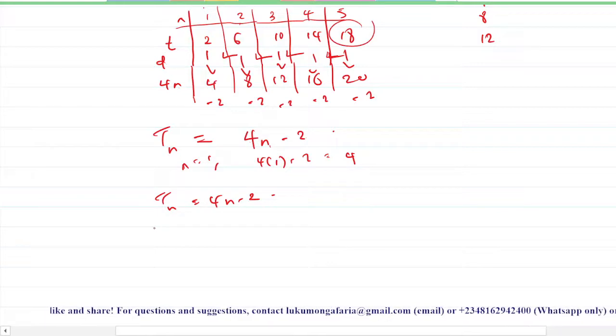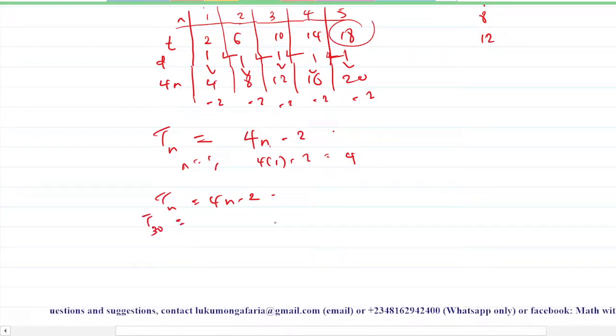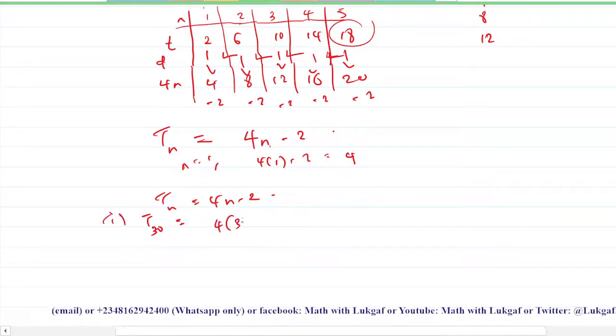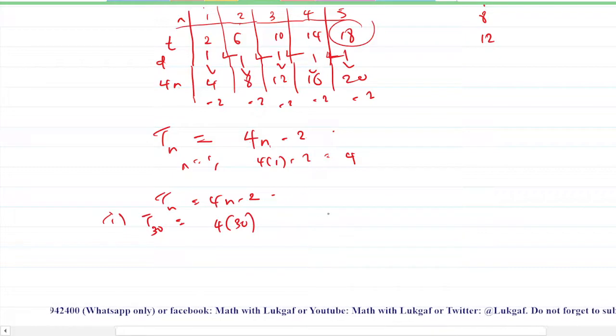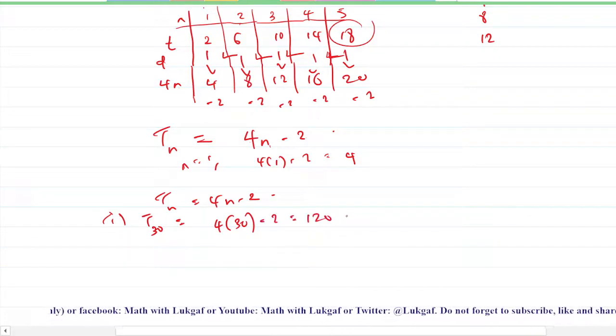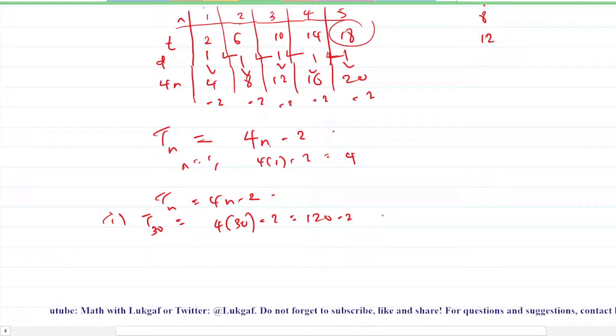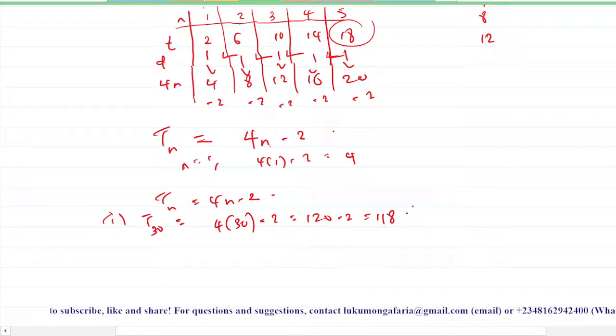For me to find the 30th term, that is T30, when you see n here, you substitute the value of 30. Then I'm going to have 4 times 30 minus 2. So that is 120 minus 2, which gives me 118. You can see it is very simple. You don't need to stress yourself by doing it 120 times. You understand now?